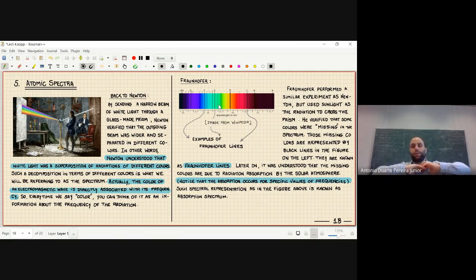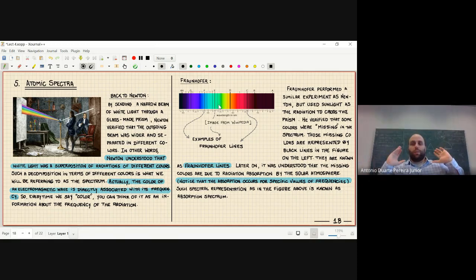So when the white light passes through this atmosphere, we have learned and discussed in the previous lectures that atoms can absorb radiation. And what happens is that the white light produced in the core of the sun, when it passes through the solar atmosphere, these atoms that are part of this atmosphere absorb some specific radiations or specific colors of the spectrum of the sunlight. So I will repeat.